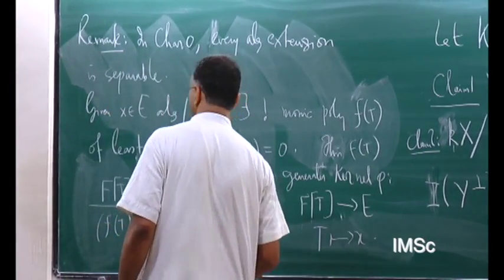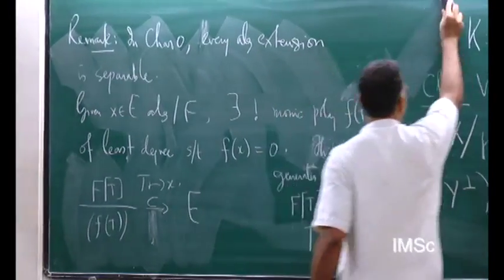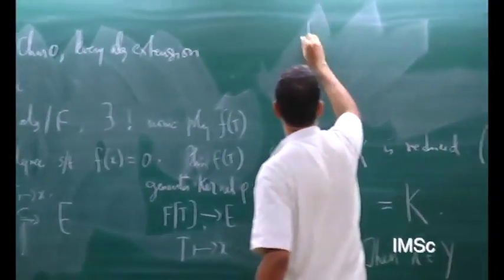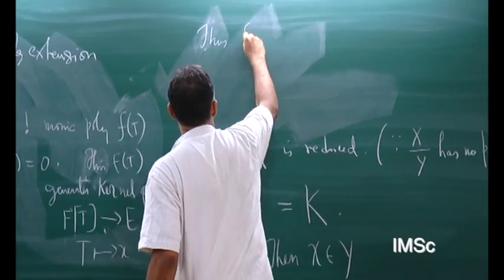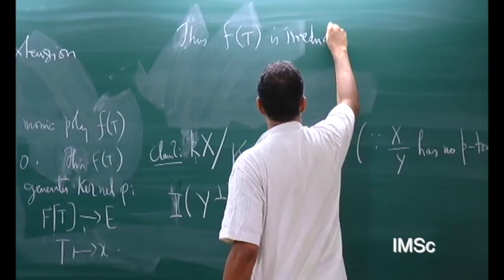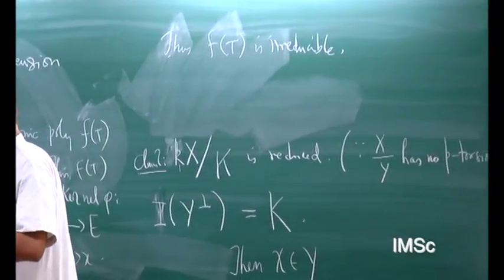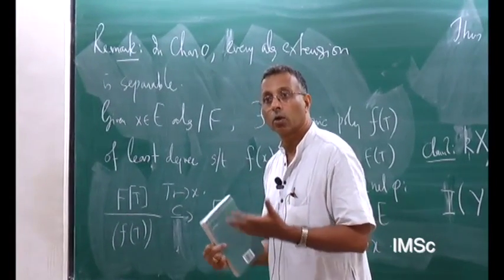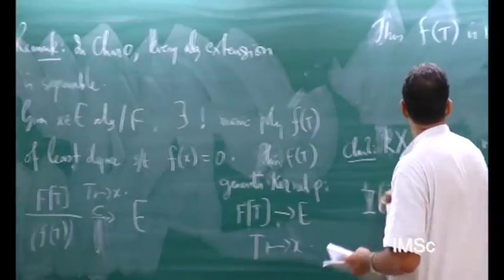So that is irreducible, which shows f is irreducible. And if you have an irreducible polynomial over characteristic 0, then it has no repeated roots. What is the proof of that?